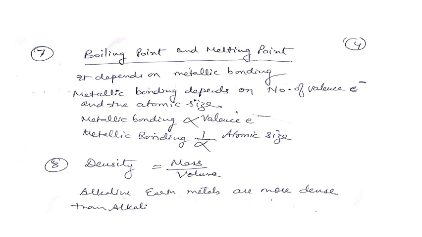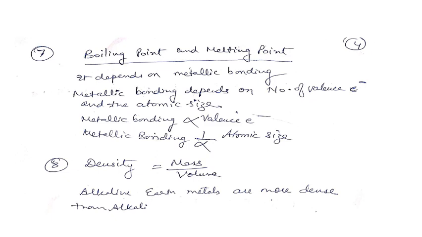So you have to remember that we determine the boiling point and melting point by the metallic bonding, which depends on the number of valence electrons or the atomic size.